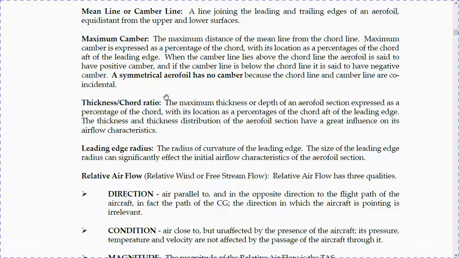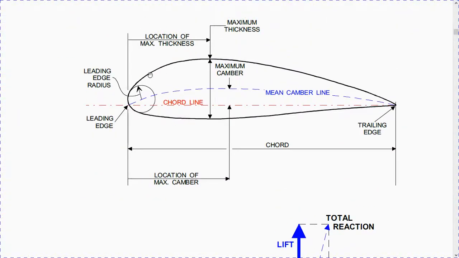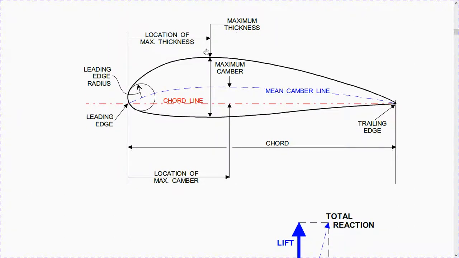The thickness and thickness distribution of the airfoil section have a great influence on its airflow characteristics. Again, this is the maximum thickness, the general depth of the airfoil, and its location.